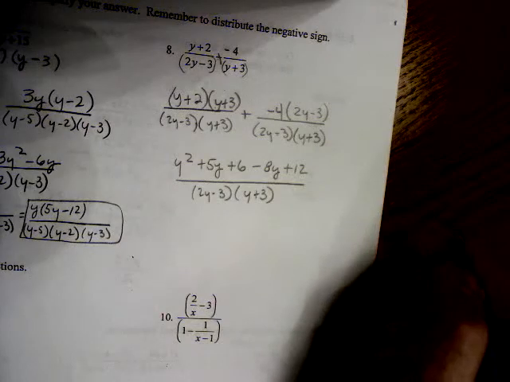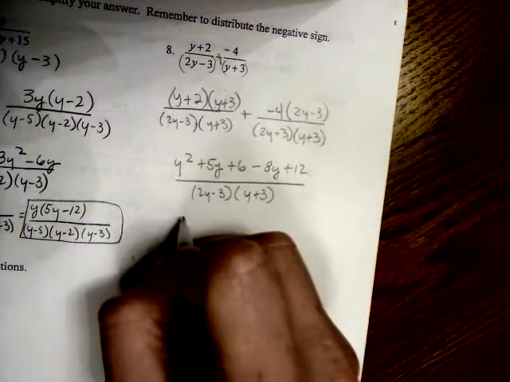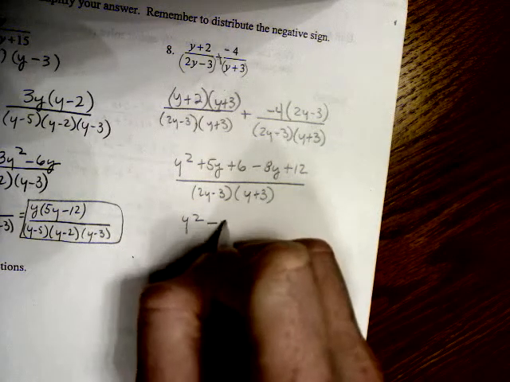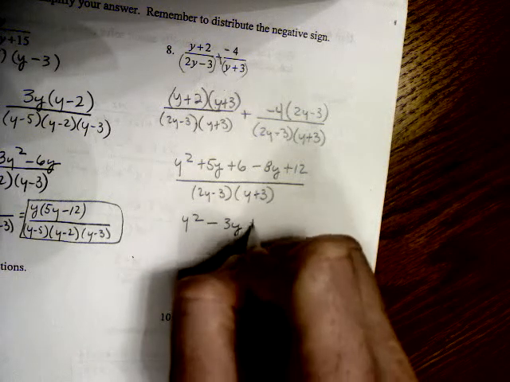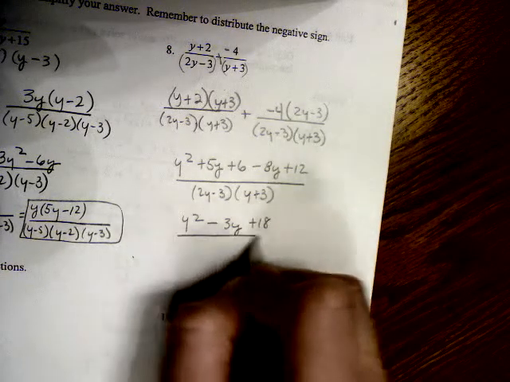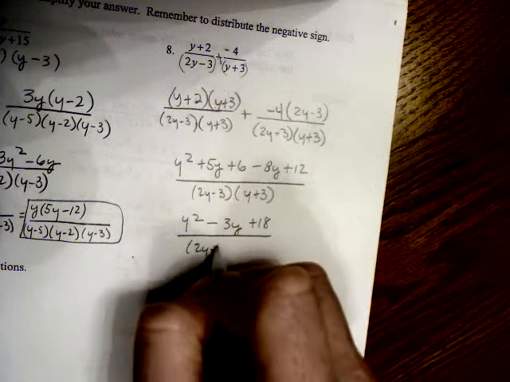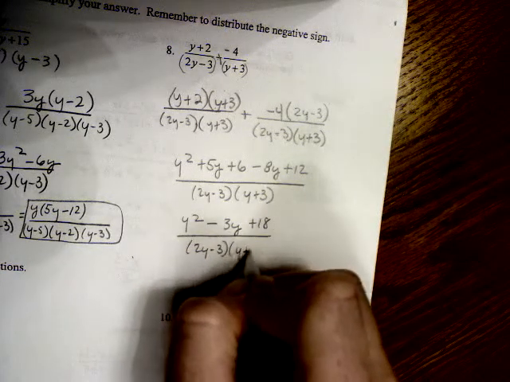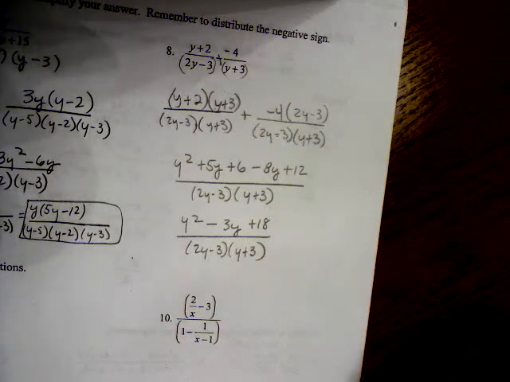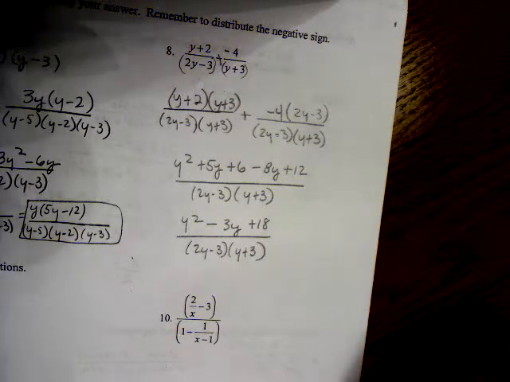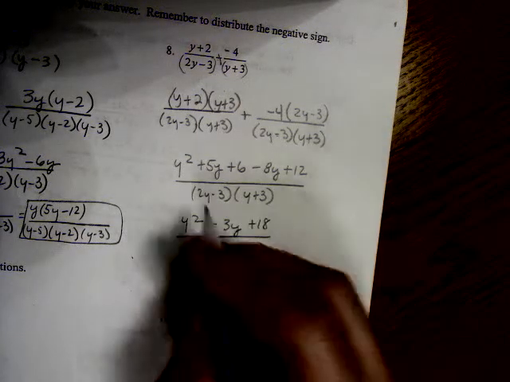We can now combine our like terms in the numerator. Y squared minus 3y plus 18 all over 2y minus 3 times y plus 3. And that's our final answer.